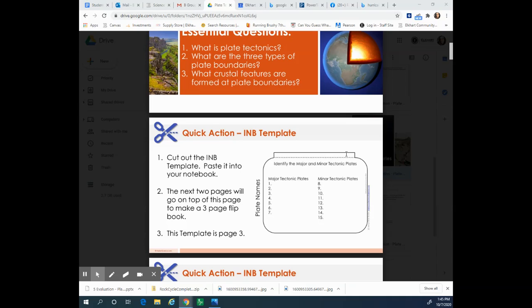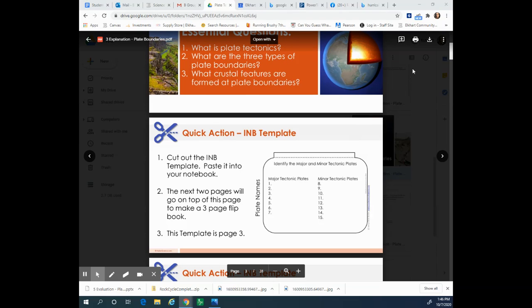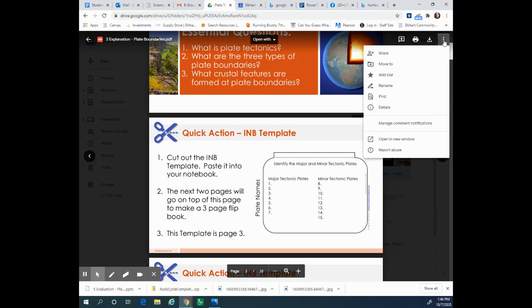Okay. When you are done with that, you're going to come over here and click on the buttons right here, and you're going to add a comment. It's showing differently on my screen, but you'll click your little buttons and it'll give you the opportunity to add a comment.